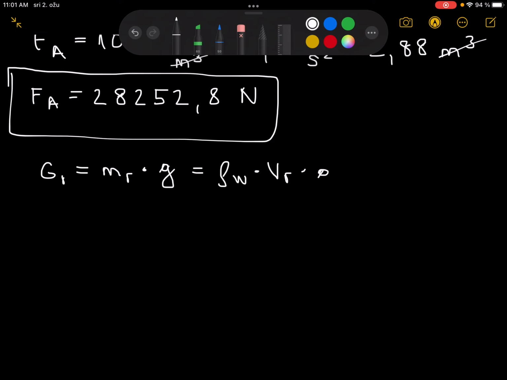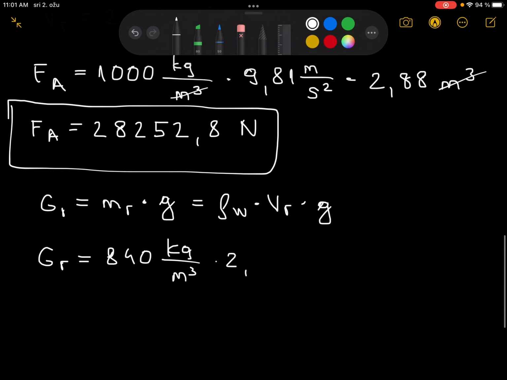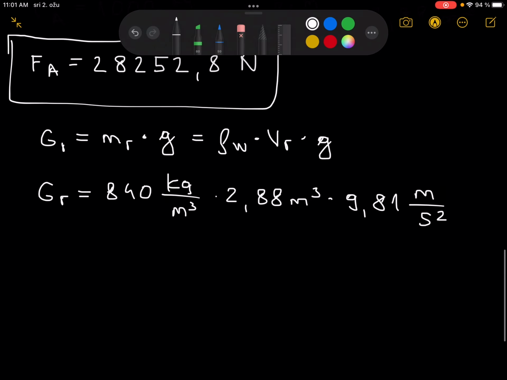So the weight of the raft is going to be equal to 840 kilograms per cubic meter times, we've already calculated the volume of the raft, 2.88 meters cubed times 9.81 meters per second squared.